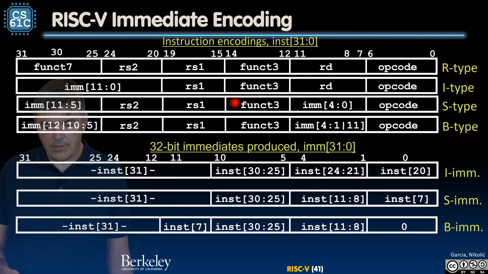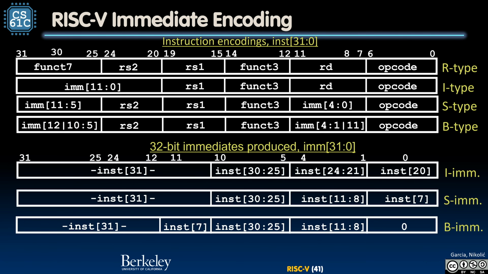So I-type encoded immediates in the upper bits from bit position 20 to 31, and that would translate into the immediate value that would be placed in the bottom 12 bits, and the top bit would always end up being sign extended. Remember, we always have to extend the value of the immediate to fill all 32 bits.